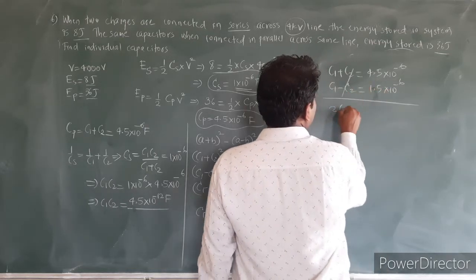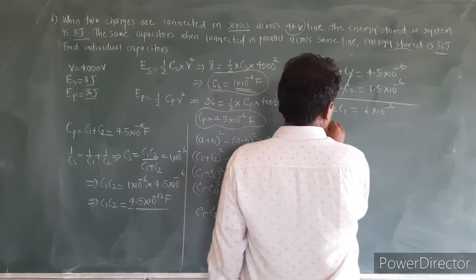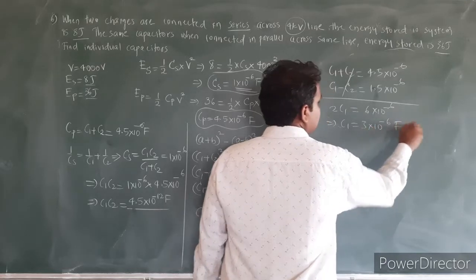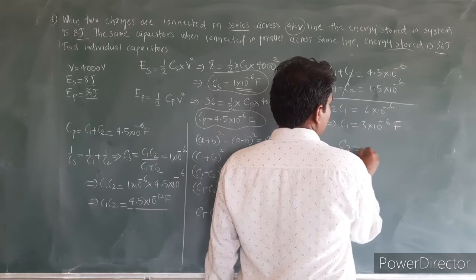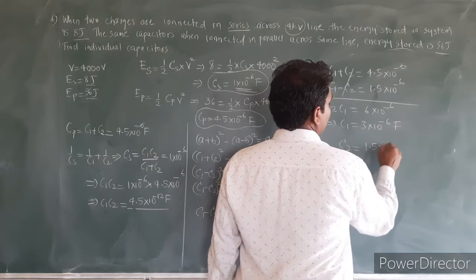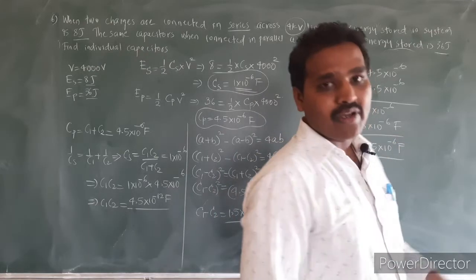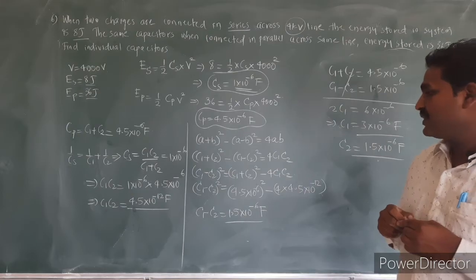Simplifying this, I get 2 C1 is equal to 6 into 10 to the power of minus 6. This implies C1 is equal to 3 into 10 to the power of minus 6 farad. If I substitute it in the first or second equation, I get C2 is equal to 1.5 into 10 to the power of minus 6 farad. So these are the values of capacitances of the individual capacitors.